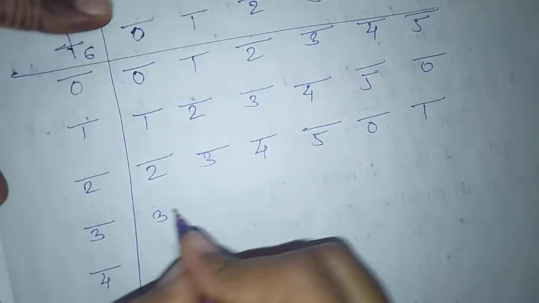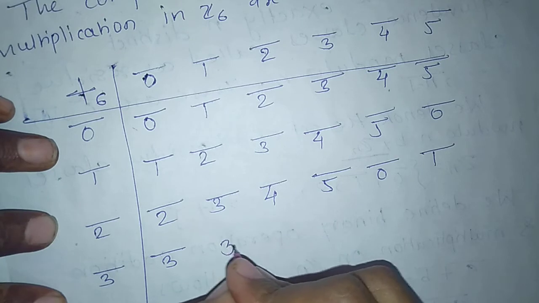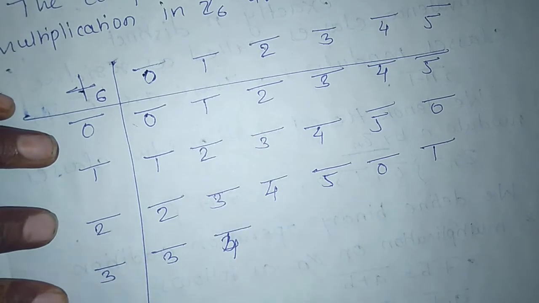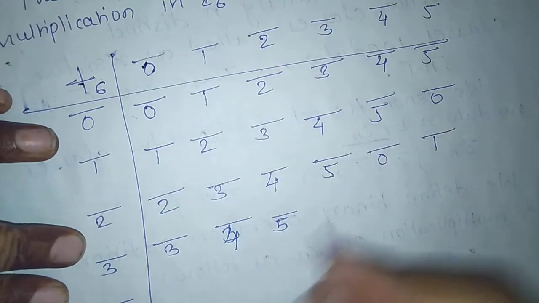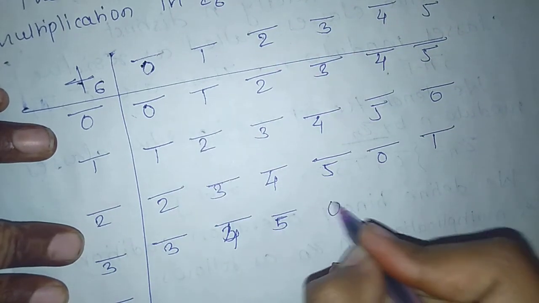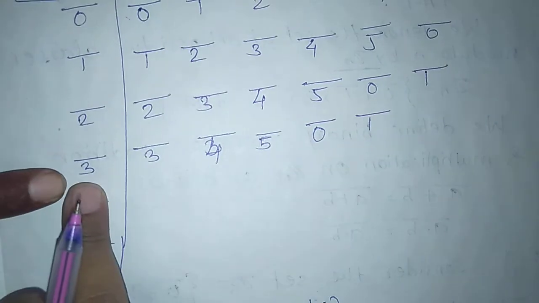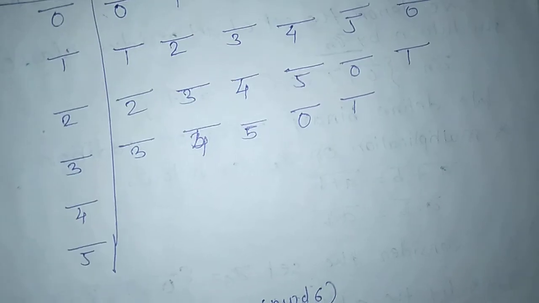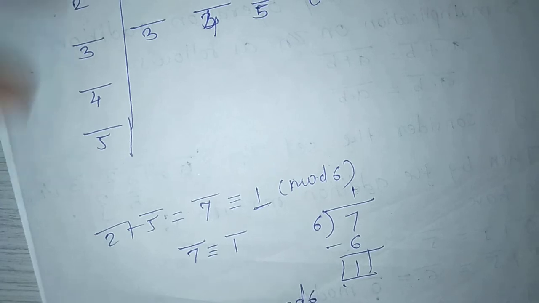Similarly, 3 bar plus 0 bar, 3 bar, 3 bar plus 1 bar, 4 bar, 3 bar plus 2 bar, 5 bar, 3 bar plus 3 bar, 6 bar, 6 bar is congruent to 0 under modulo 6. 3 bar plus 4 bar, 7 bar, which is equal to 1 bar. Similarly, 3 bar plus 5 bar, 8 bar, and 8 bar is congruent to 2 modulo 6.